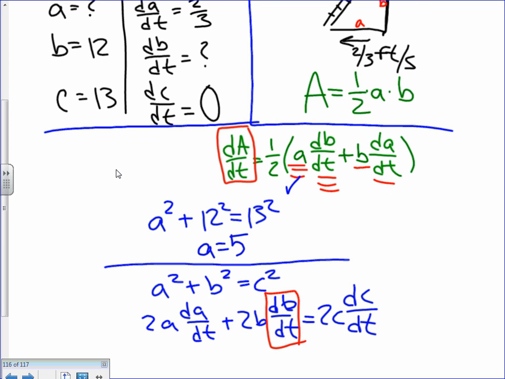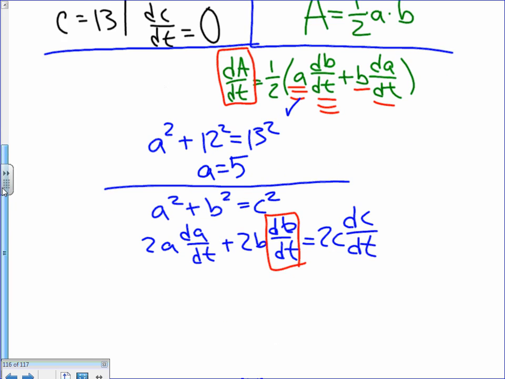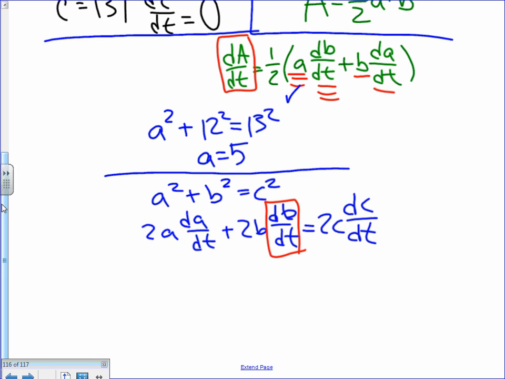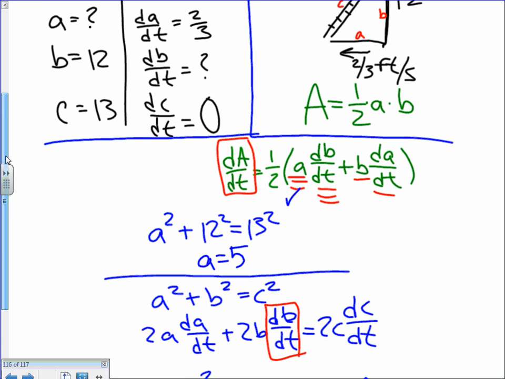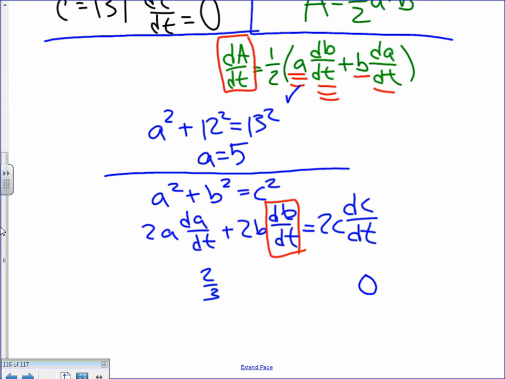dA/dt is 2/3, dC/dt is 0. So I'll plug in a bit at a time. Let's look at our sides now. a was 5, b is 12, c is 13.